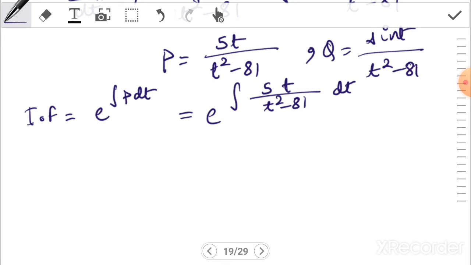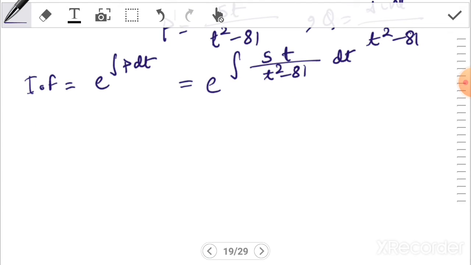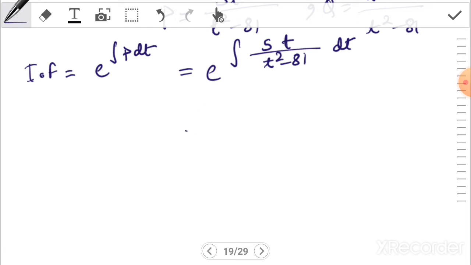Now let us take 5 out, and multiply and divide by 2.